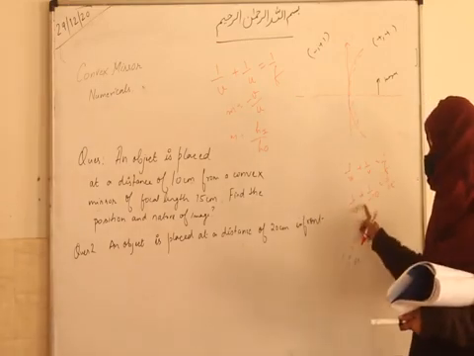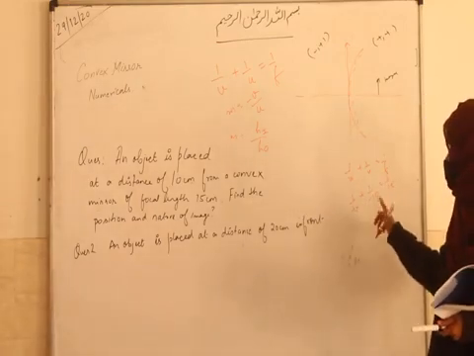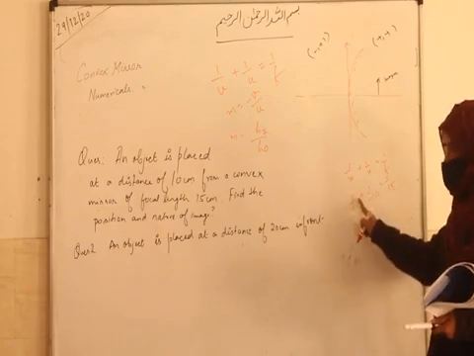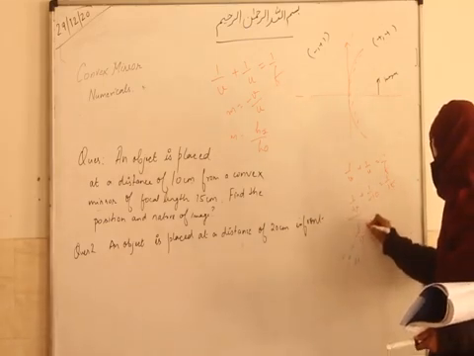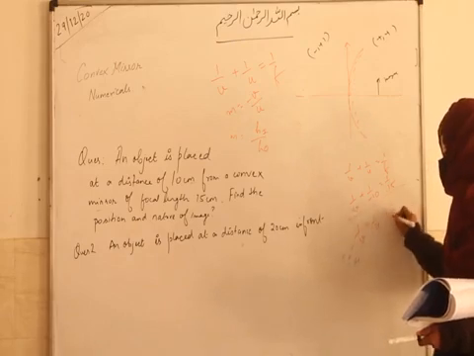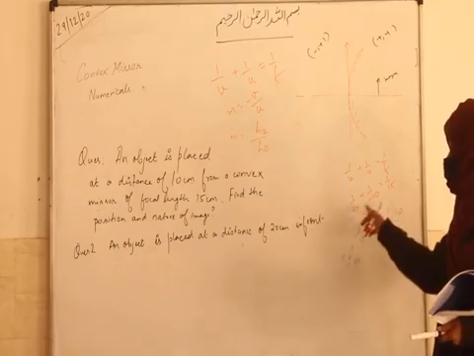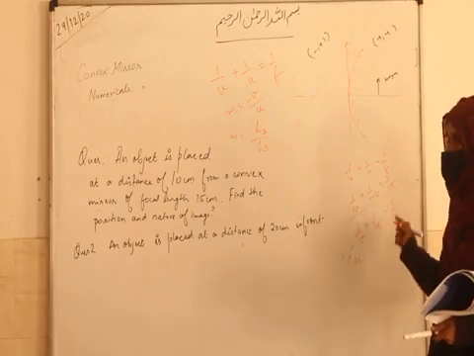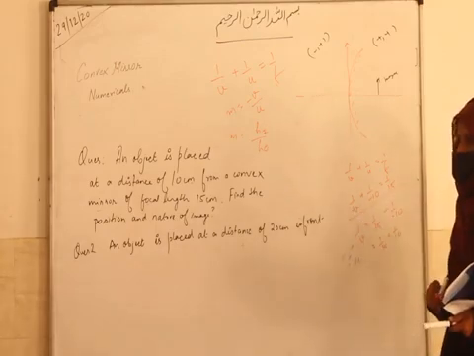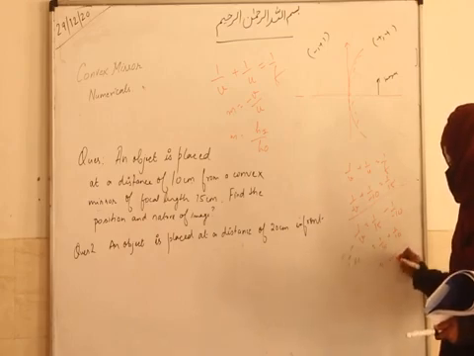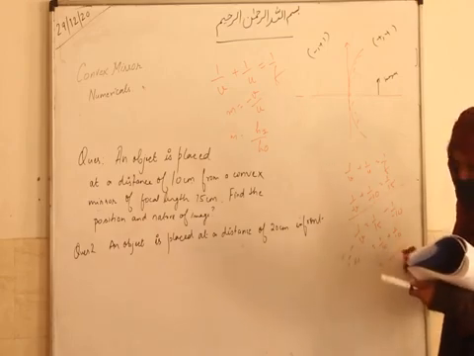Fine. Transposition method: there are two ways. You can solve the sign here, or you can solve it later. Minus minus gives you plus. Fine. It will come in positive. 15, LCM 30.